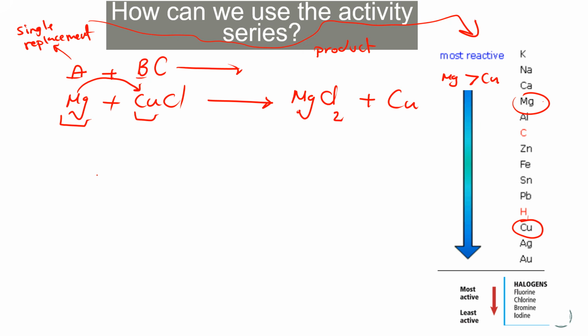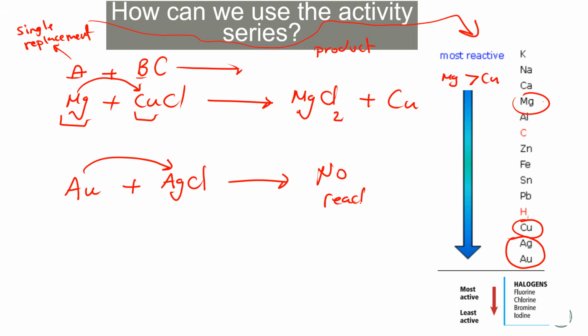Now what about Au plus AgCl? هذا تحت. Can Au remove Ag? ال Au تحت ال Ag فهي أضعف. It's weaker. So no reaction. ما بيحصل هذا الشيء. ما راح تقدر تشيلها. This is how we use the activity series, guys.